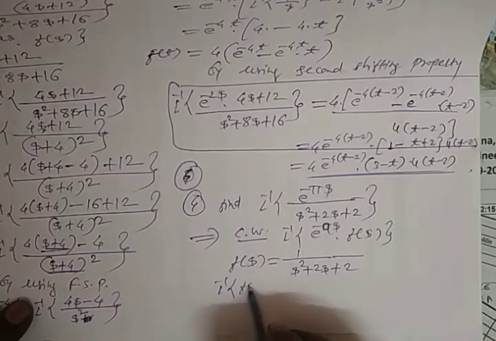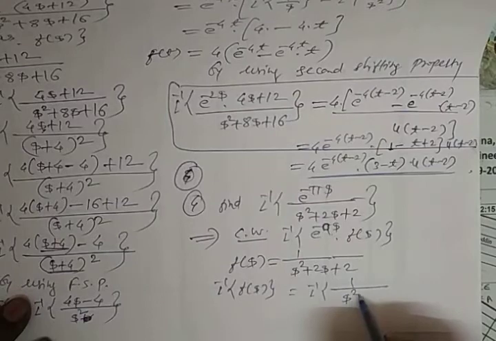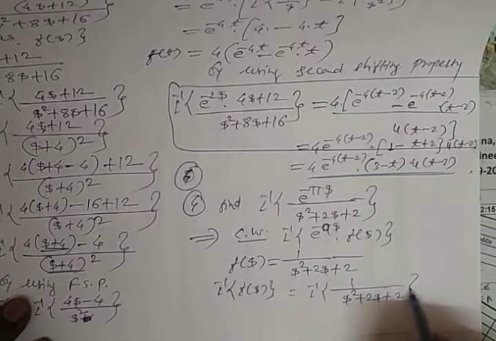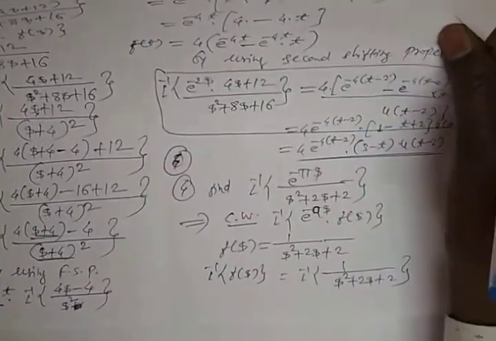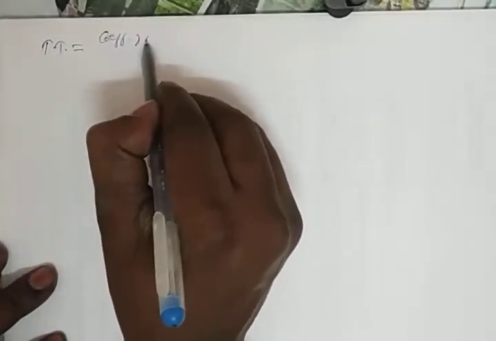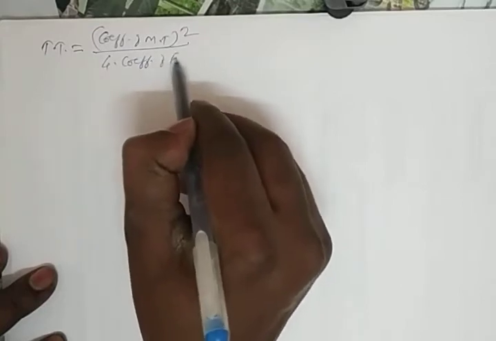So Laplace inverse of f of s is equal to Laplace inverse of 1 upon s square plus 2s plus 2. Now this is not a perfect square, so first of all we have to make this a perfect square, and for that we require the value of the third term. Third term is equal to coefficient of middle term bracket square divided by 4 into coefficient of first term.